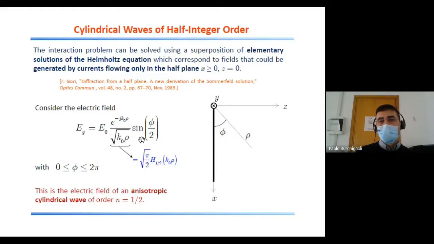But this is a solution in factored form because we have a trigonometric dependence on the coordinate psi with a coefficient 1/2, and the remaining part, the dependence on rho, is actually proportional to a Hankel function of order 1/2, because it turns out that the Hankel function of order 1/2 has this very simple analytic form. Okay, that's not a transcendental function.